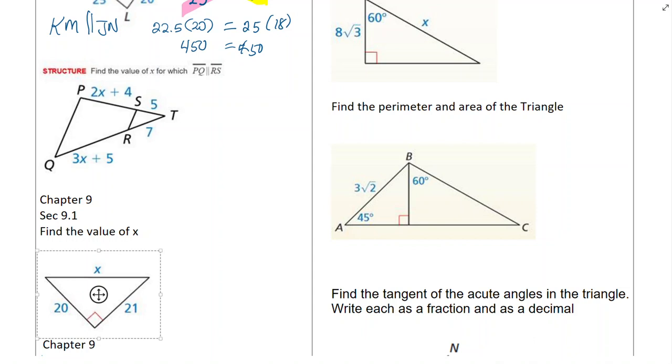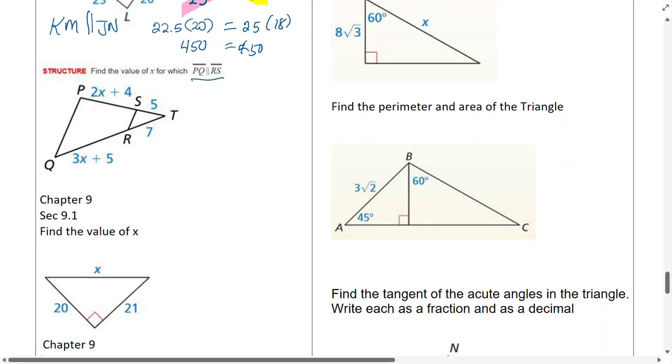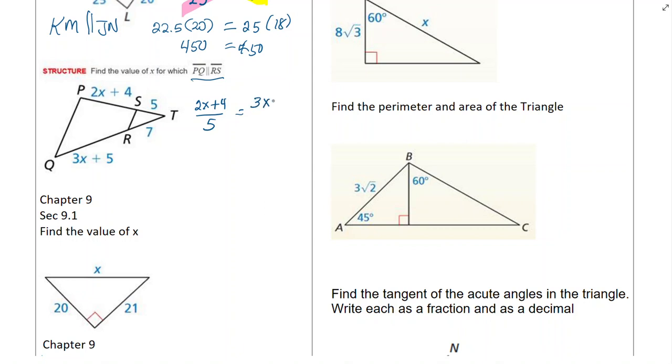I have proportionality. It says they are parallel, that PQ and RS are parallel. So this means I can have 2x plus 4 is to 5 as 3x plus 5 is to 7. Does everybody see? I started and ended where I wanted on the proportionalities.